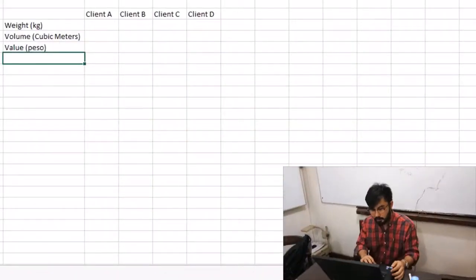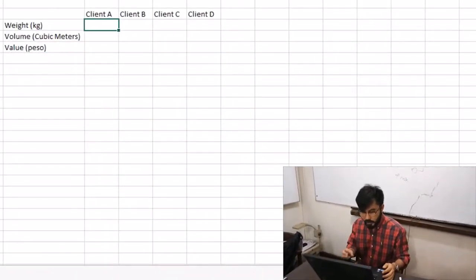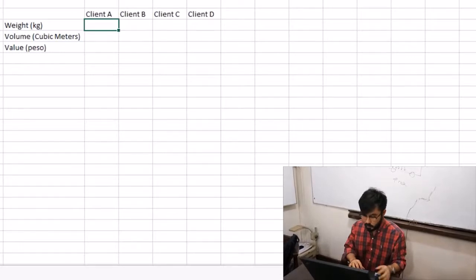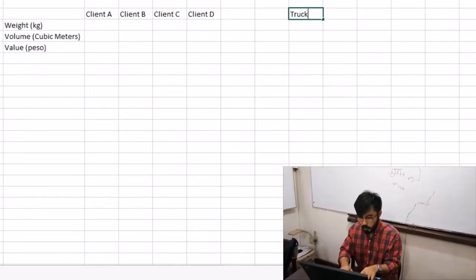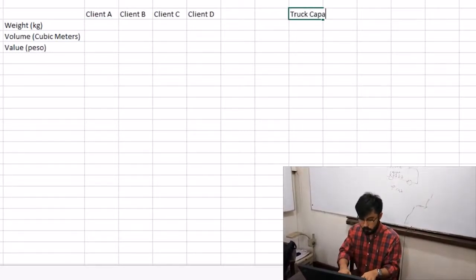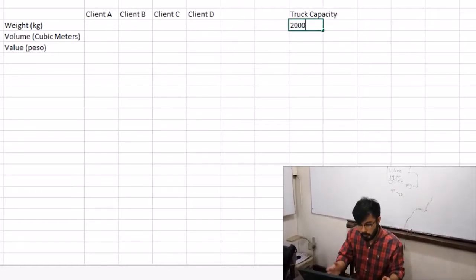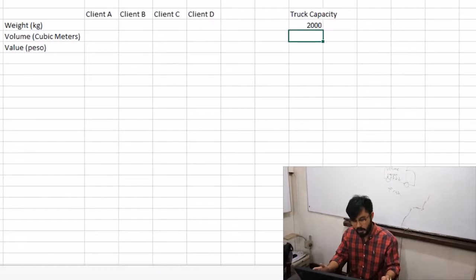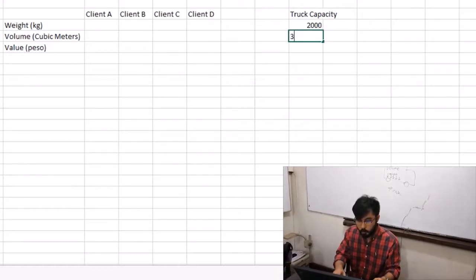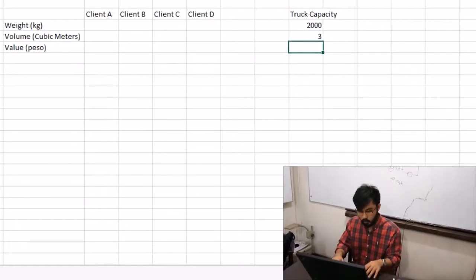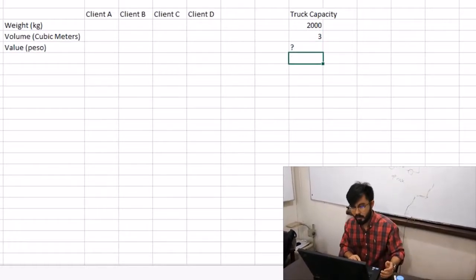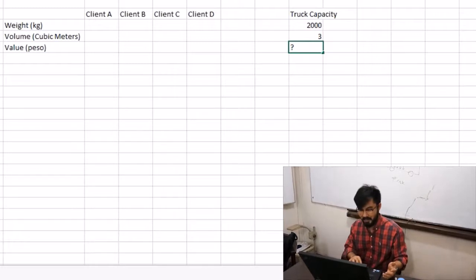Now, if you look at the spreadsheet, let's say the truck has a capacity of, let's say, 2 tons. So that's 2,000 kilograms. And let's say it's 3 cubic meters. And of course, whatever the risk, we don't know what kind of capacities yet.